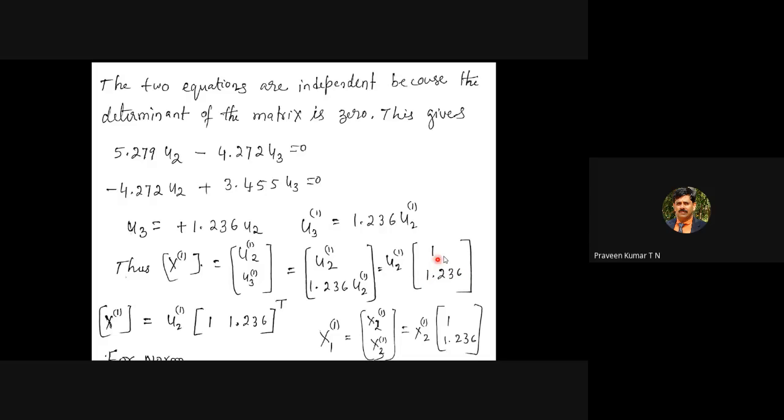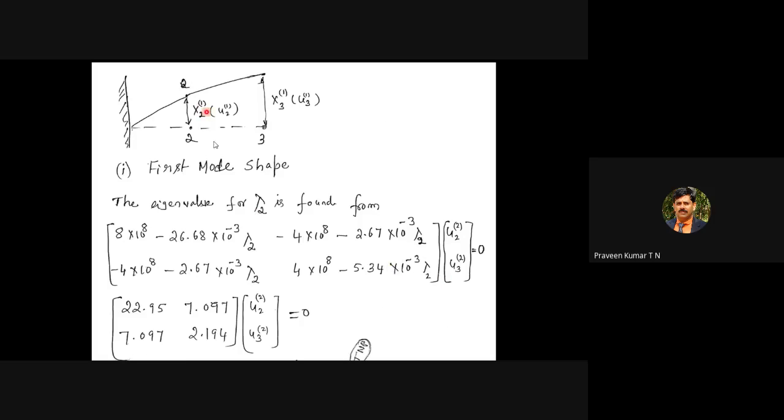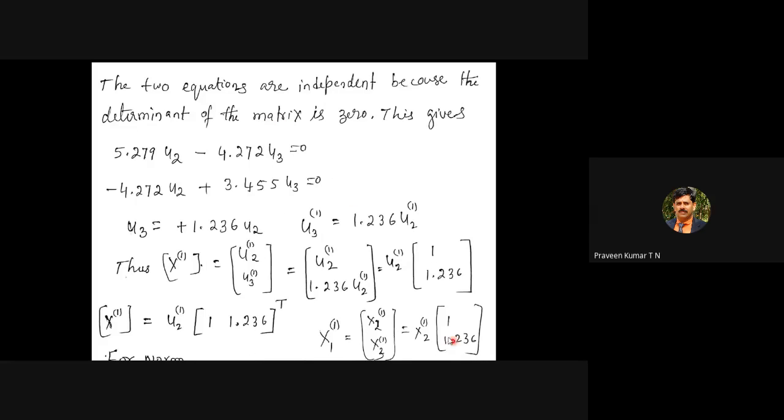The meaning of this is when node 2 is displaced by 1 mm, node 3 is displaced by 1.236 mm. You can see here. So now it is x to U2. If U2 is moved by 1 mm, this node 2 is moved by 1 mm, the node 3 is moved by 1.236 mm.